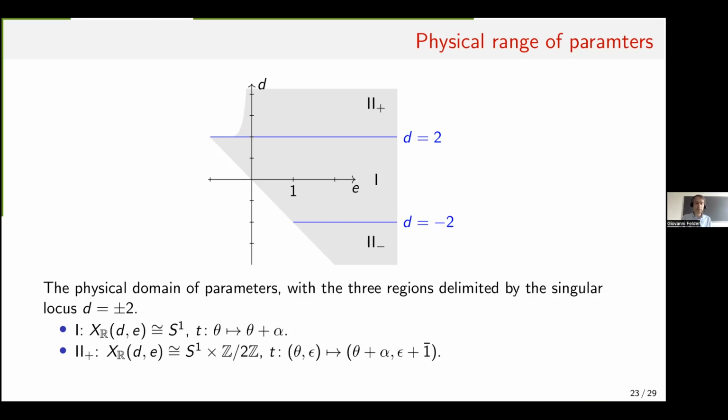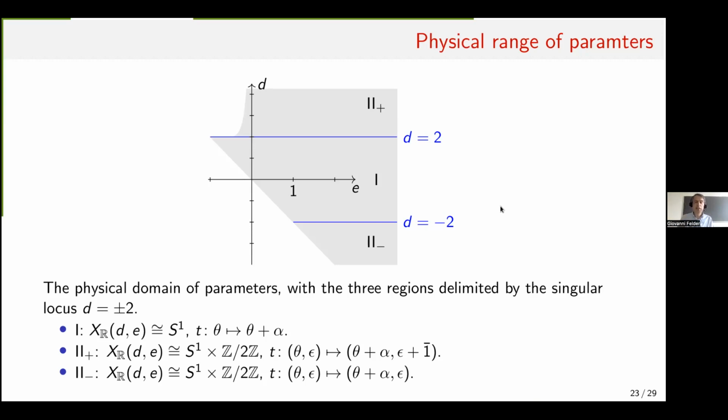As a Lie group, you have this S1 times a cyclic group of order 2, and the Poincaré map of our system is conjugated to a translation by alpha, but at each step you go from one component to the other. So you add the class of 1 in Z mod 2Z. In region 2 minus, which only has points with positive energy, you again have two components, but this time you stay on each component. The Poincaré map preserves each of the components.